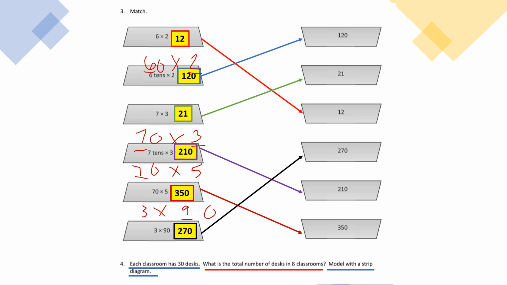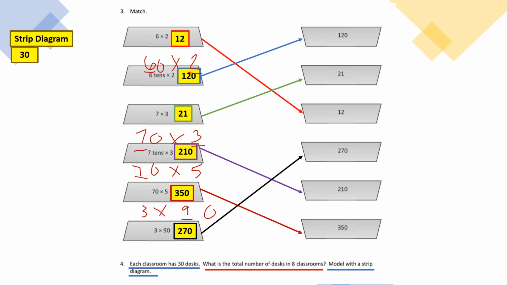Okay, so each classroom has 30 desks. They want to know the total number of desks in 8 classrooms. Well, I can put the number 30 in a square. So each square would represent a classroom, and there are 30 desks in each classroom. That's why I have the 30 in a square.